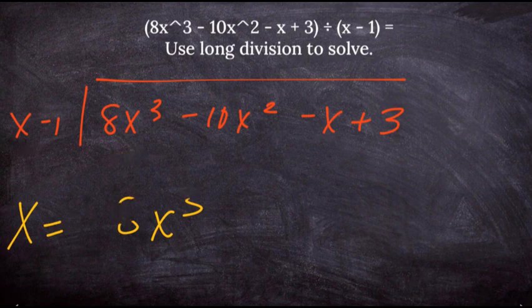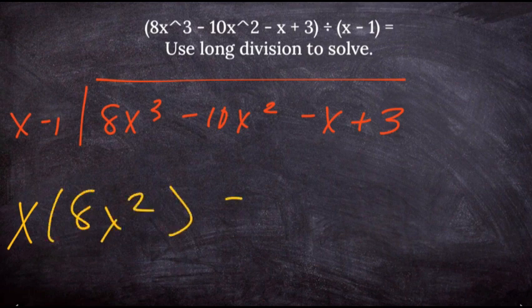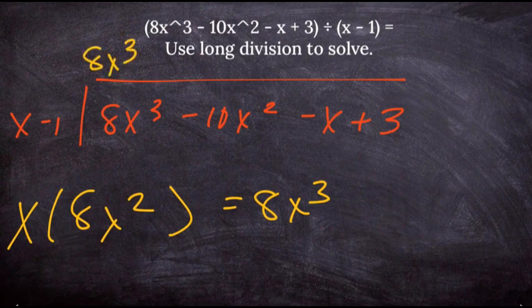So for us, that would mean that we would need to multiply by 8x squared to give us 8x to the third. Hopefully this is making a little bit of sense. Because over here when we do 8x to the third, that will be 8x squared.